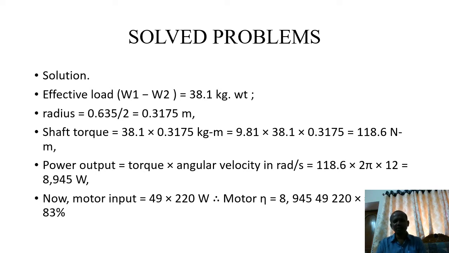Multiplying these two, we get the shaft torque: 38.1 into 0.3175 kg meter. You can convert kg meters to Newton meters using 9.81. So the shaft torque is 9.81 into 38.1 into 0.3175, which is equivalent to 118.6 Newton meters.